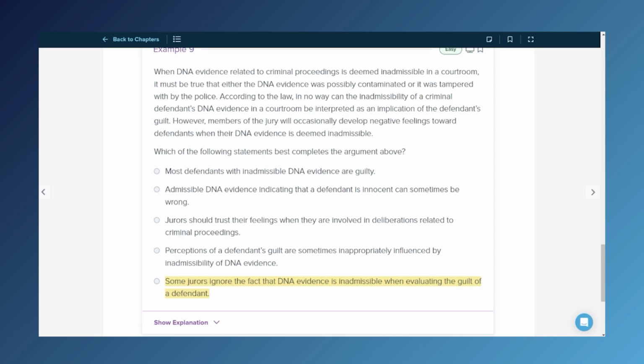Ignoring a direct order is more severe than getting bad vibes off of someone or judging them in a vaguely bad way due to things outside of their control. So this answer is not the one for us. Best answer is D. Let's look at our next question.